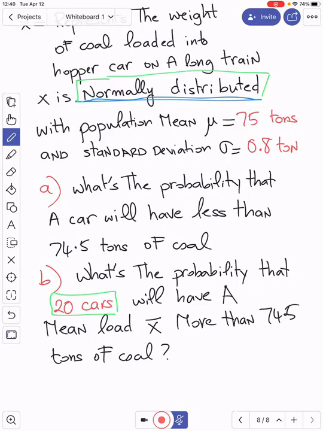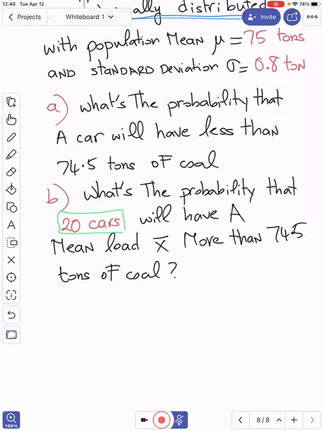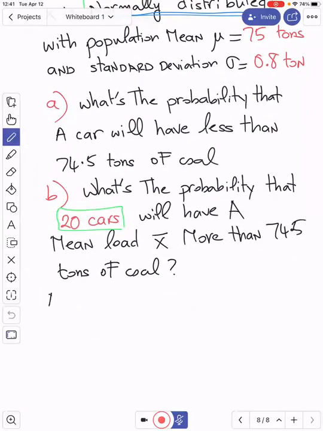Actually, I have the answers, it's in the textbook. For A, the answer should be 0.2643. For B, because I changed the problem from less than 74.5 to more than 74.5, I think the answer would be 0.9974.